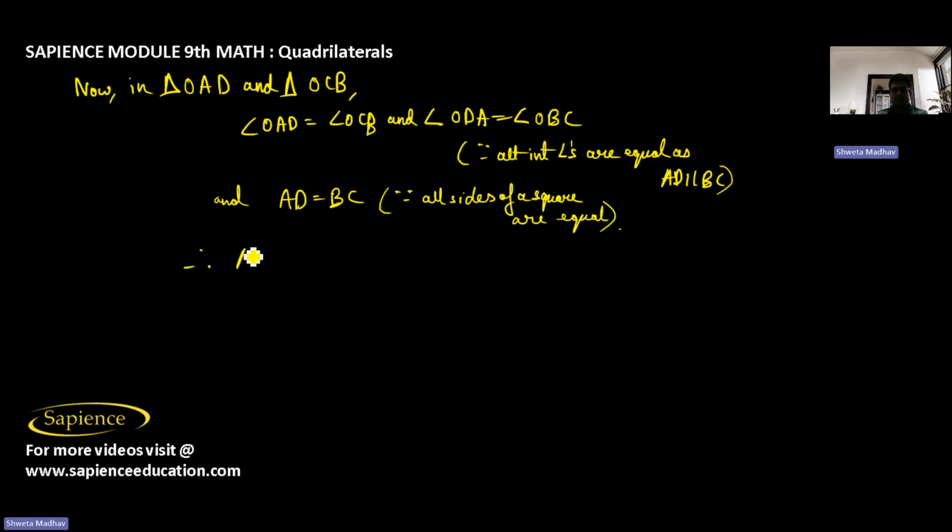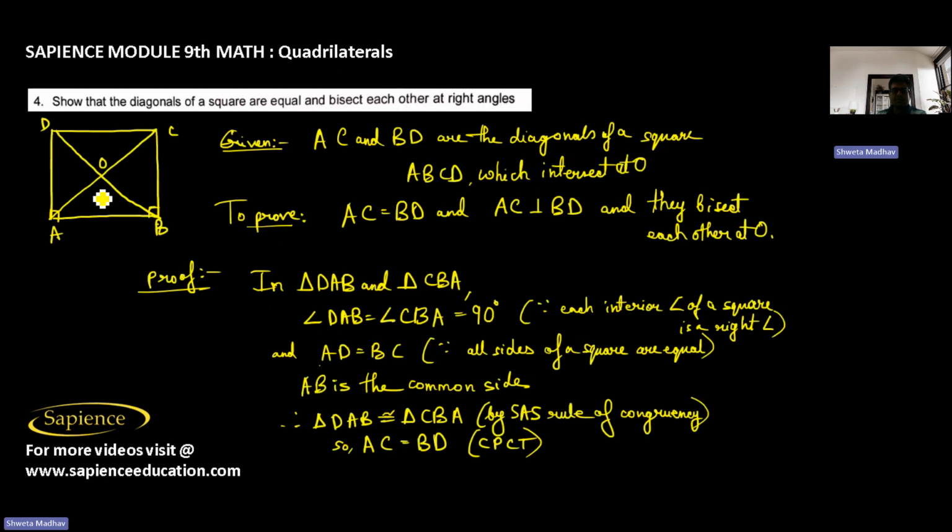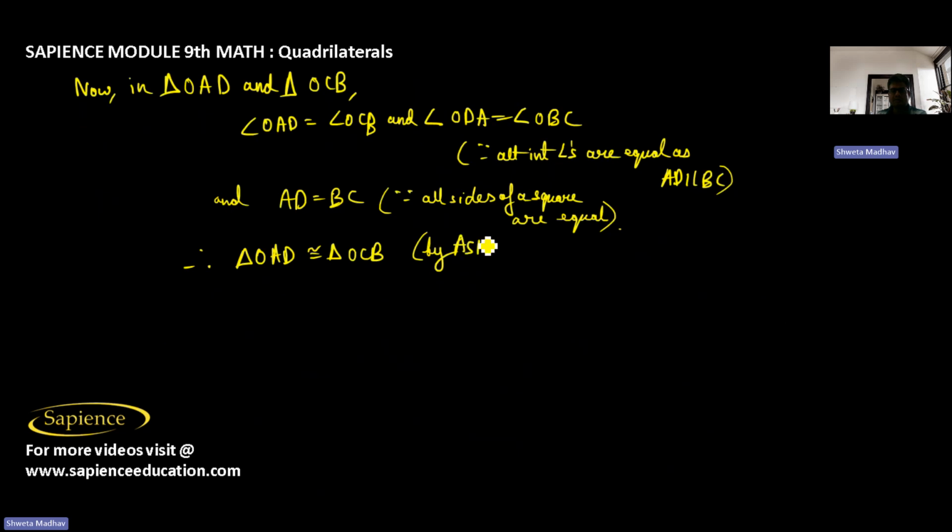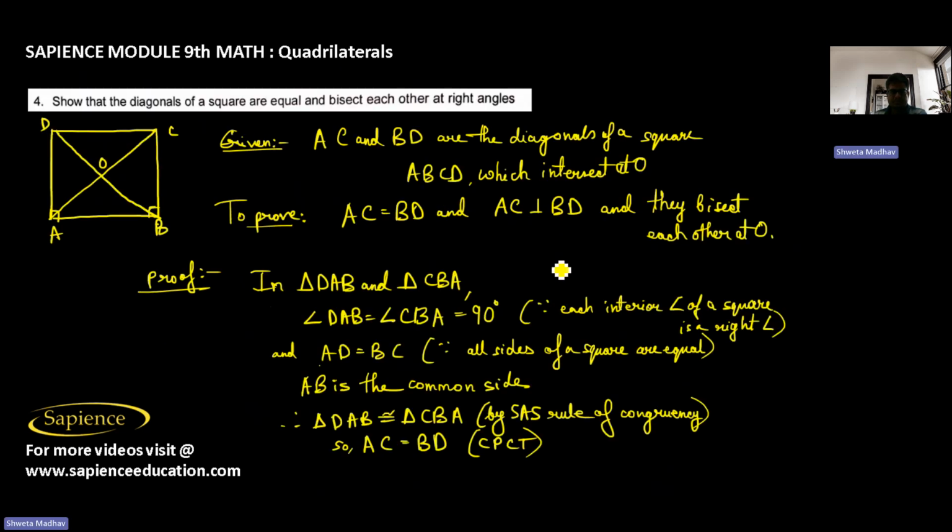So therefore, we can say that triangle OAD is congruent to triangle OCB by ASA rule, angle side angle, of congruency.